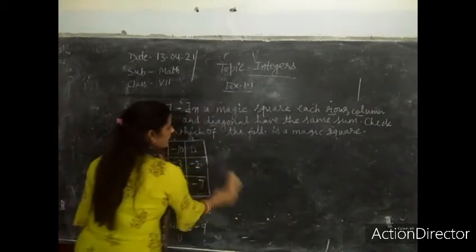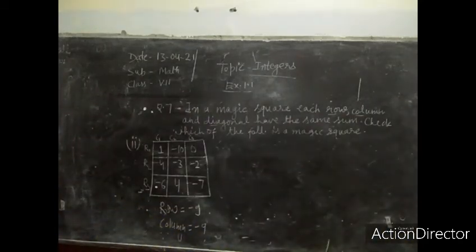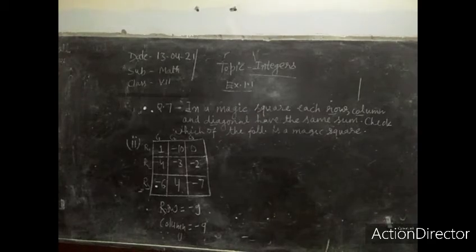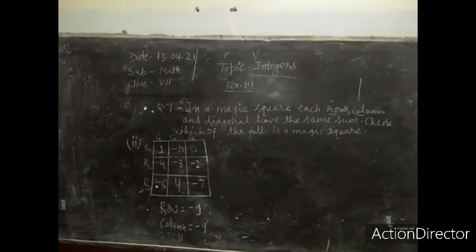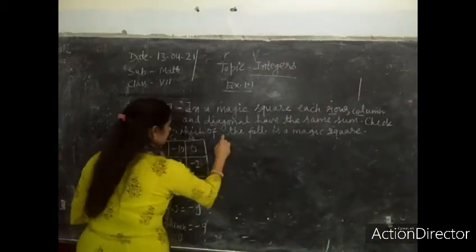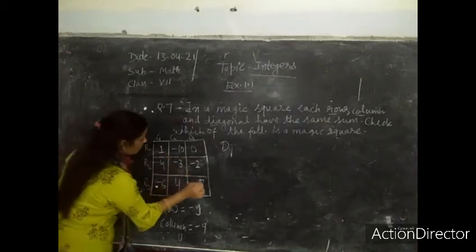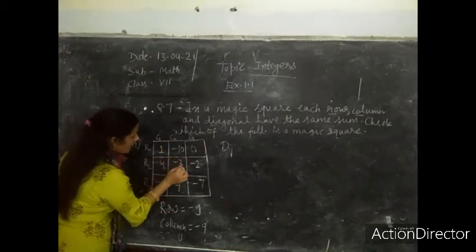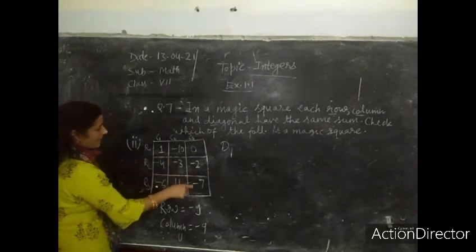Now I am writing here D1. Now come to D1. Diagonal D1. Again this one line. The points which are on this line are 1, minus 3, minus 7.